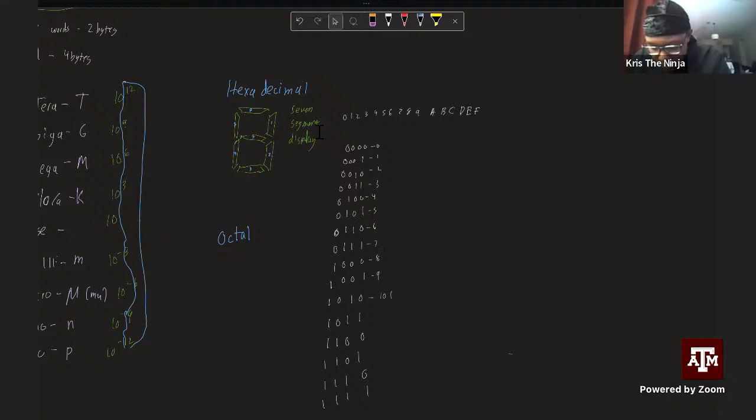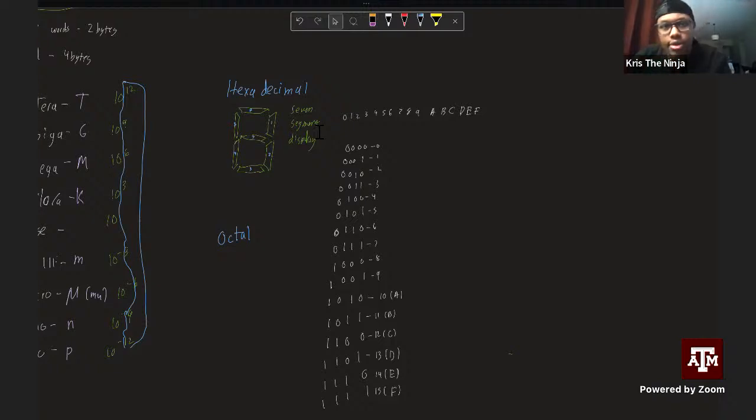This is 10 or A, 11 or B, 12 or C, 13 or D, 14 or E, and then 15 or F. So that's all the hexadecimal values. And that's a simple way to count in binary.